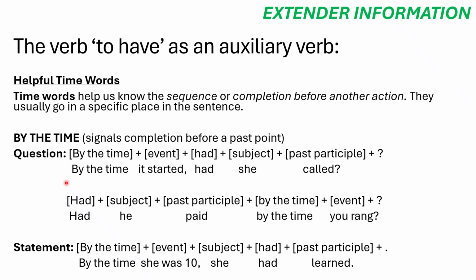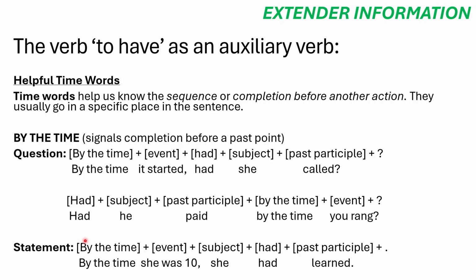For example, by the time it started, had she called? Had plus subject plus past participle plus by the time plus event. For example, had he paid by the time you rang?